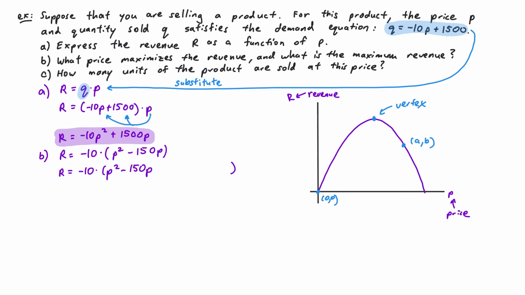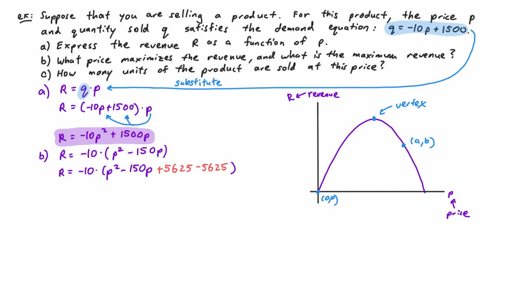So -150 divided by 2 gives us -75, and then -75 squared gives us 5,625. Now, if we just add 5,625, we'll be changing our equation, and we don't want to do that. So to balance things out, we'll also subtract 5,625.